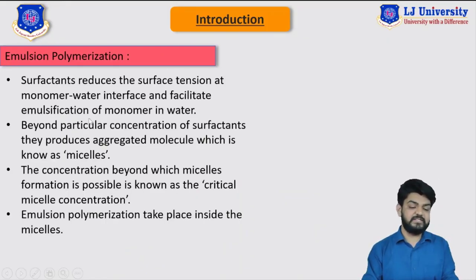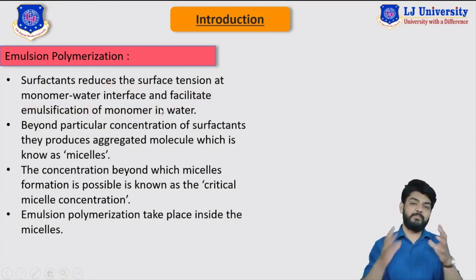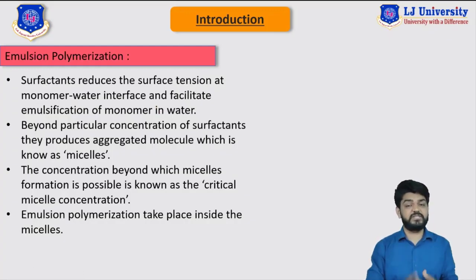The surfactants actually reduce the surface tension at the monomer water interface. So at the monomer water interface, we are reducing the surface tension with the help of the surfactants, and facilitating the emulsification of monomer in water.